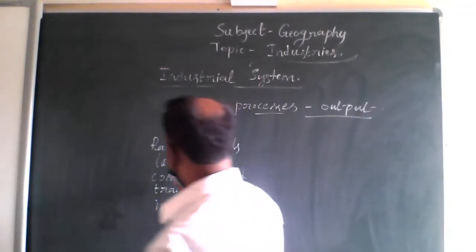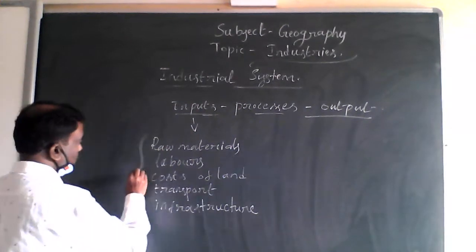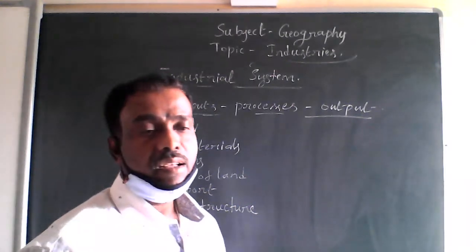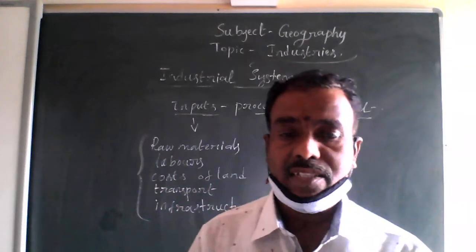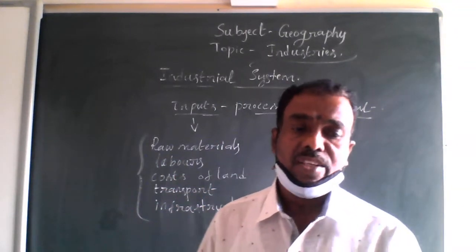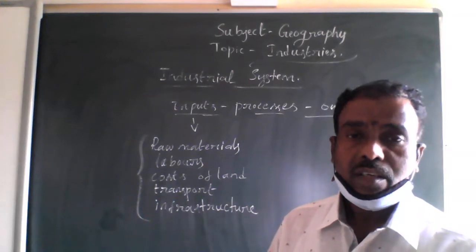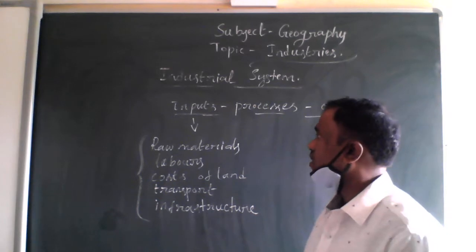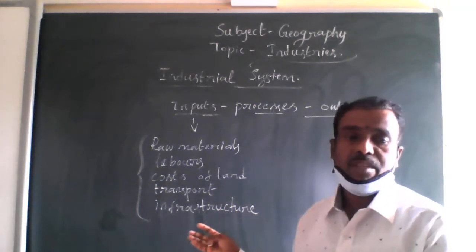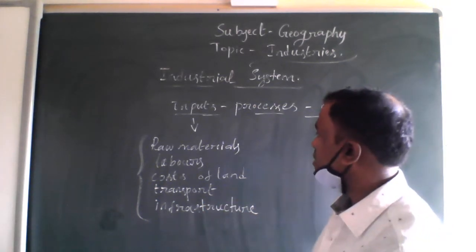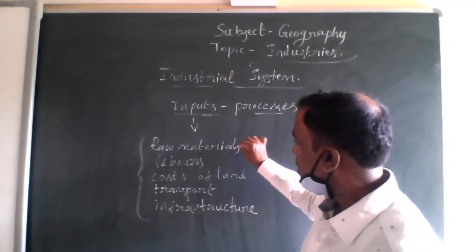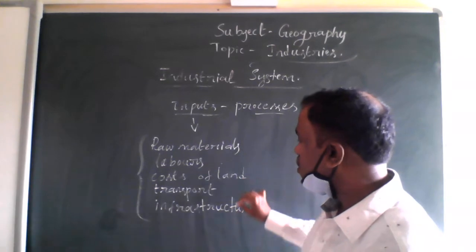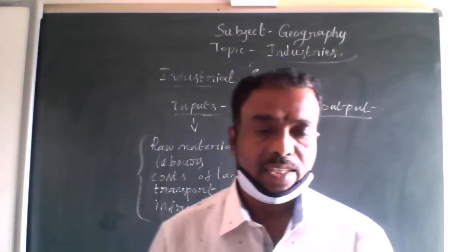These are all actually inputs in an industrial system, such as raw materials, labor, cost of land, transport, and infrastructure.